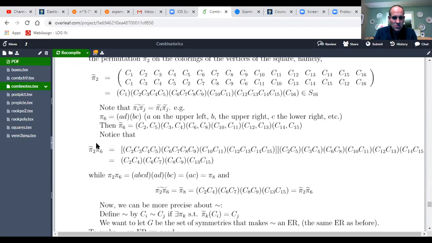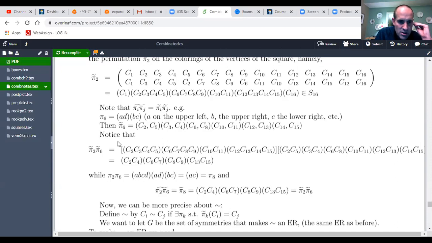I'm applying pi 2 to C2, and that moves me to C3. But then I have C3 and pi 6 operates on it now. And where does that go? To C4. So overall, C2 went to C4.